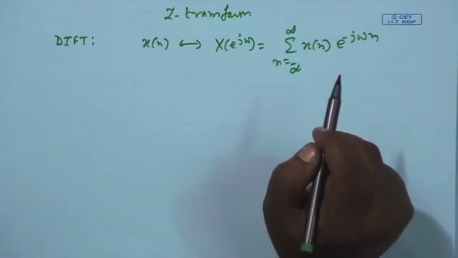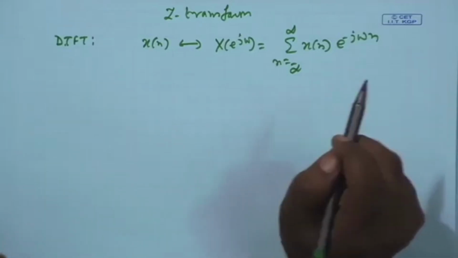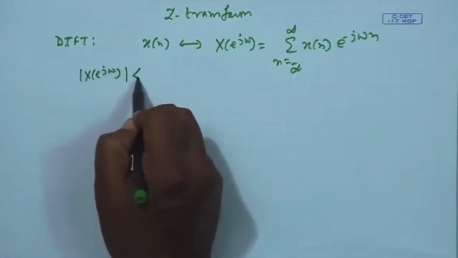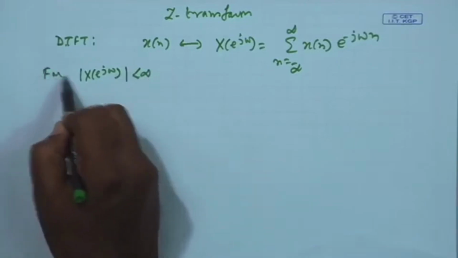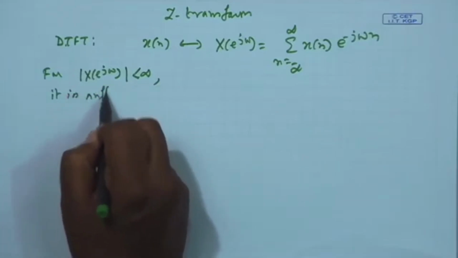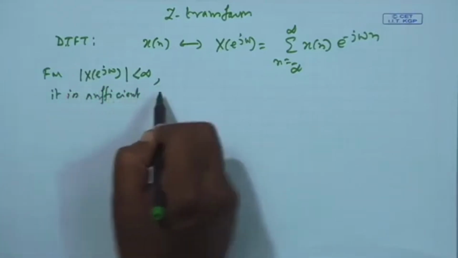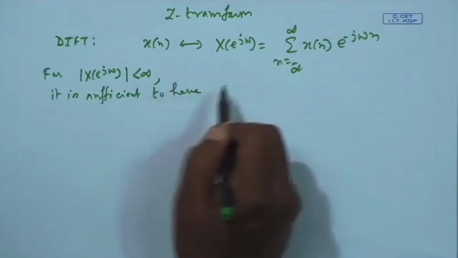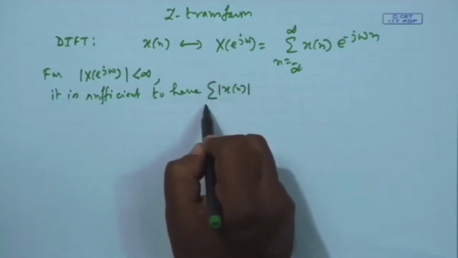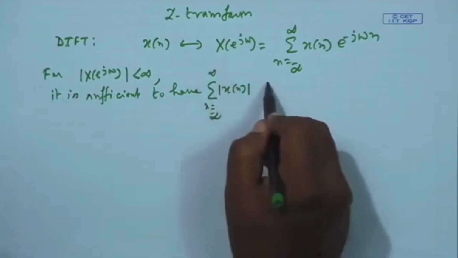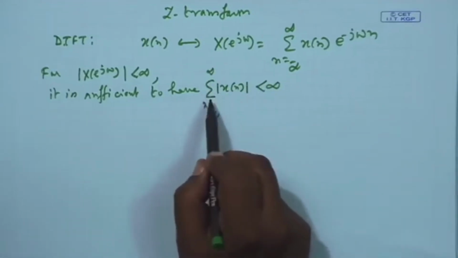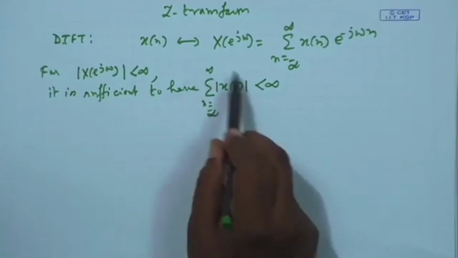So, for that we had earlier derived one necessary and one sufficient condition. For this to be finite, for this to hold good, it is sufficient to have that x n should be such that the absolute value, if you take the sum, it should be summable, that is the sum should be finite.